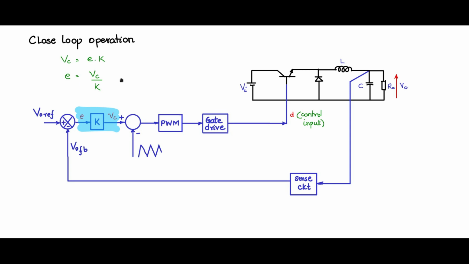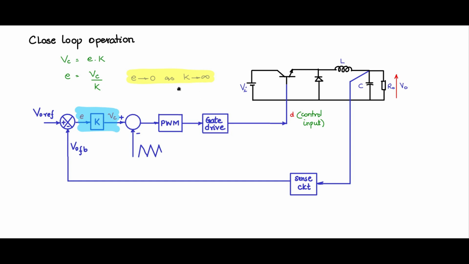So in order to achieve desired control, we have to make E go to 0. If E tends to 0, it means that you have made K tend to infinity. Now this is the important control principle that you have to remember, whichever be the system.